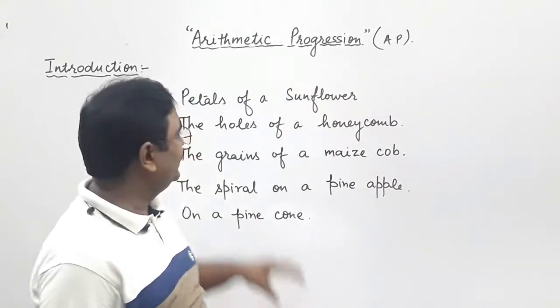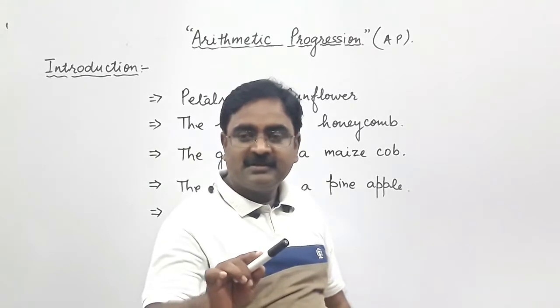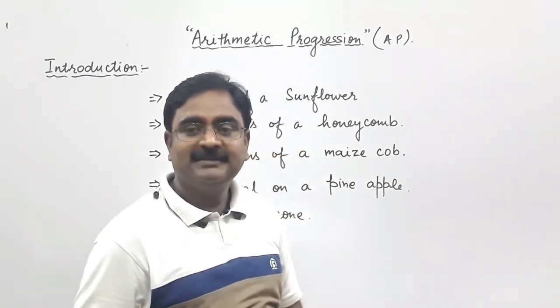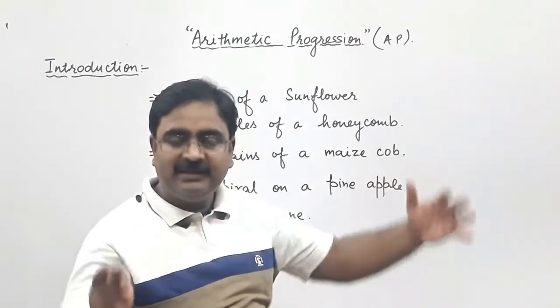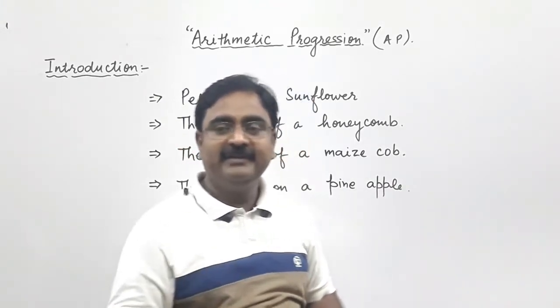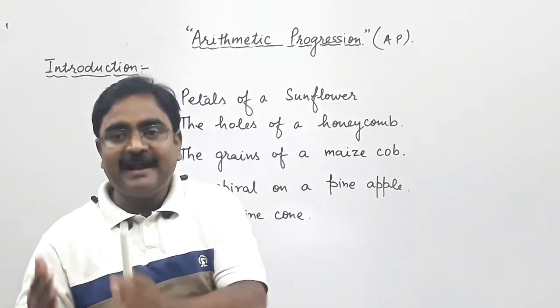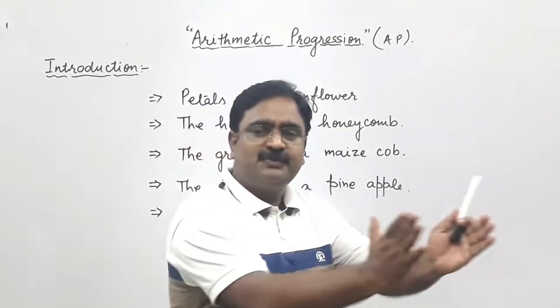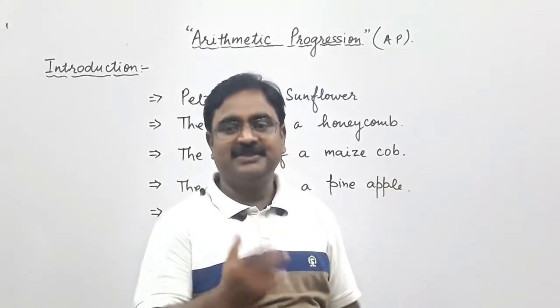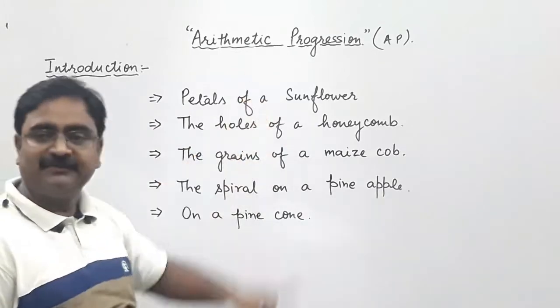In this introduction, students, you must have observed that in our practical life there are so many things that have different sequence patterns in the objects. For example, first is the petals of a sunflower.